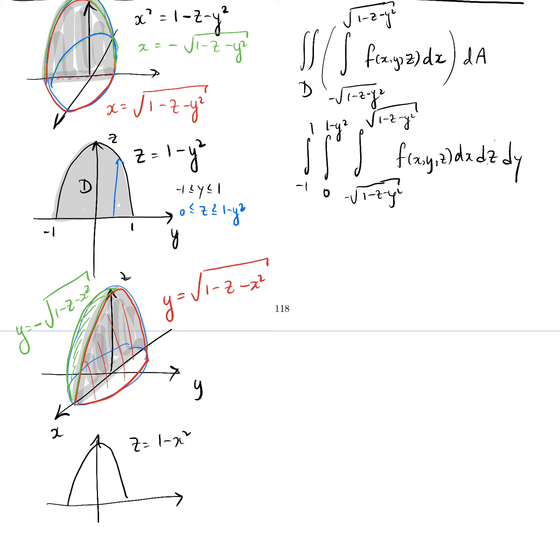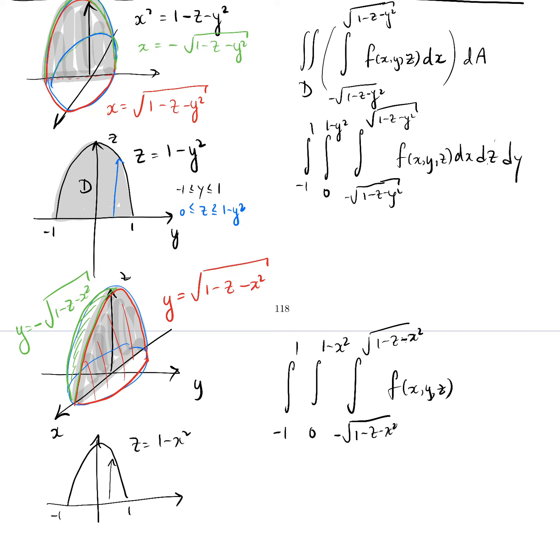And so our triple integral will be from minus 1 to 1, that's here, from 0 to 1 minus x squared, that's going up this way, of that inner integral from minus the root of 1 minus z minus x squared to the root of 1 minus z minus x squared of f of x, y, z.